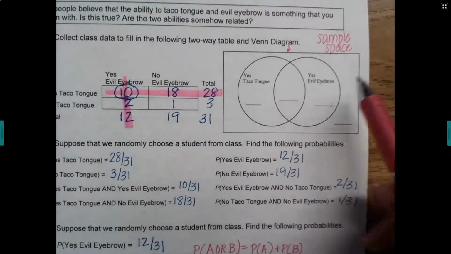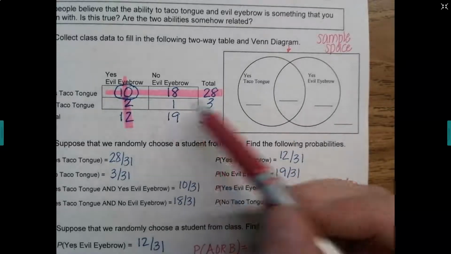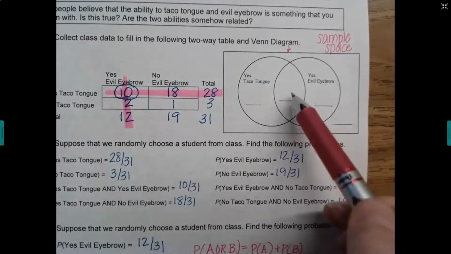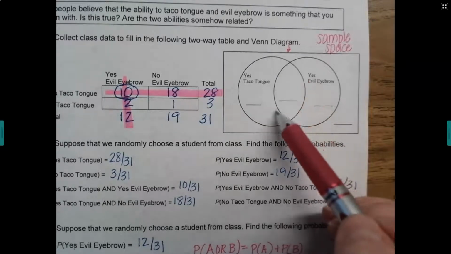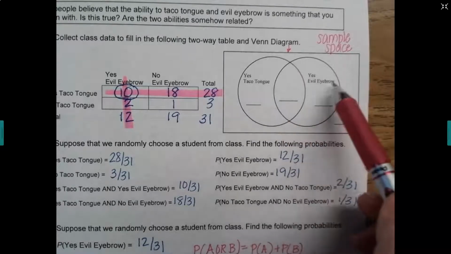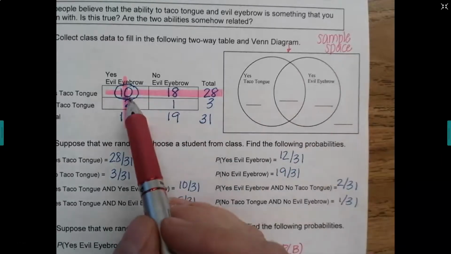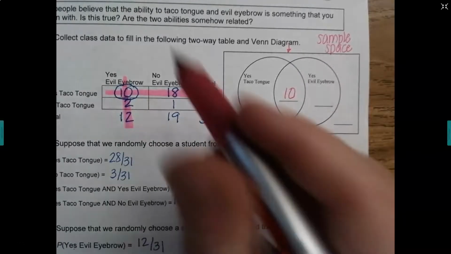So I have yes, taco tongue, yes, evil eyebrow. So I'm going to take my information from my table and get it in here. I like to start in the middle because that makes the most sense to me. This football section right here, football shaped section, is yes, taco tongue, and yes, evil eyebrow. It's those 10 people that are in both categories.